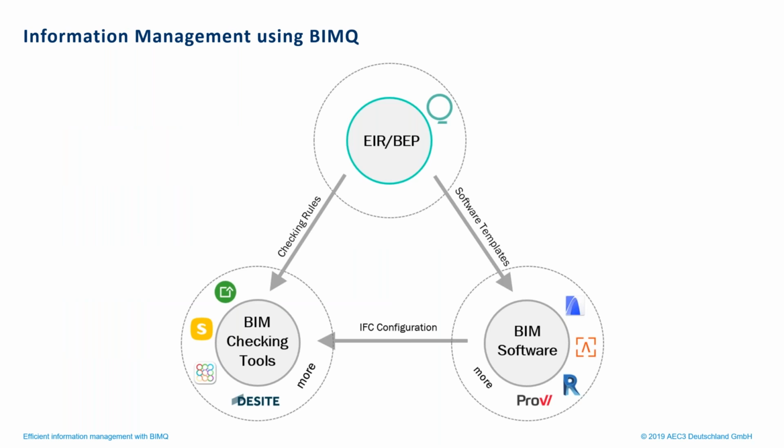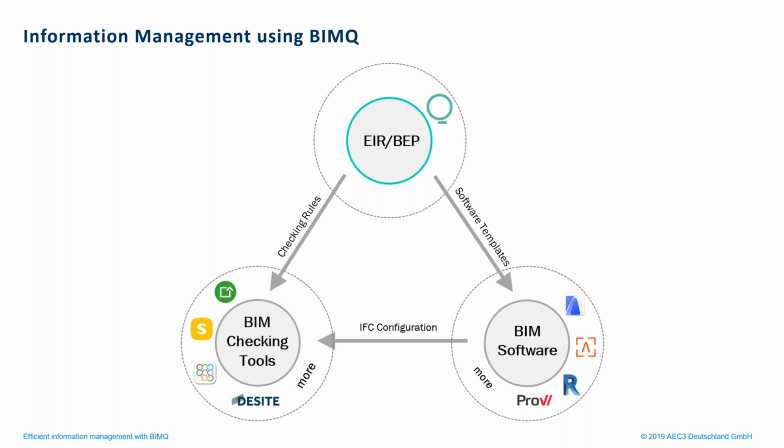Here in this picture, you can see the interaction between BIMQ, the software products, and the checking tools. BIMQ you can find next to the EIR and BEP. And from the beginning, all requirements are defined in BIMQ.